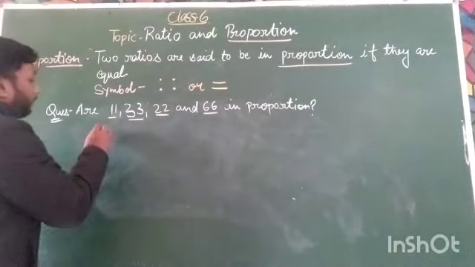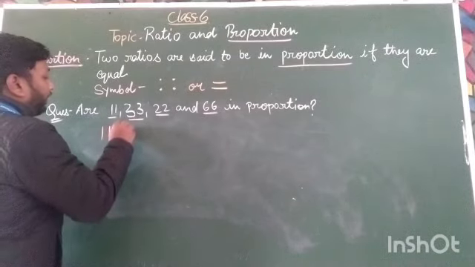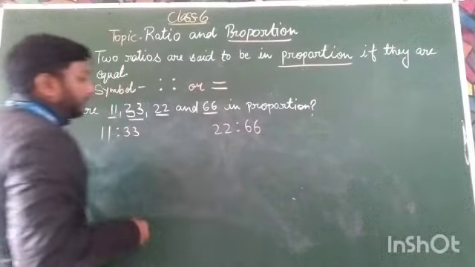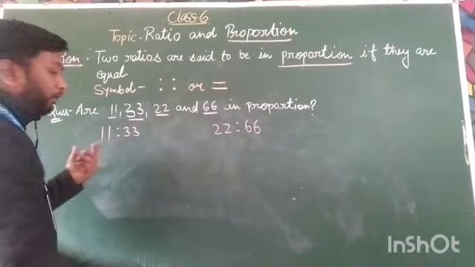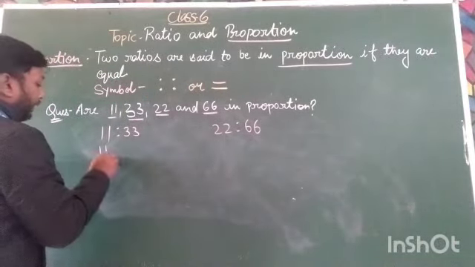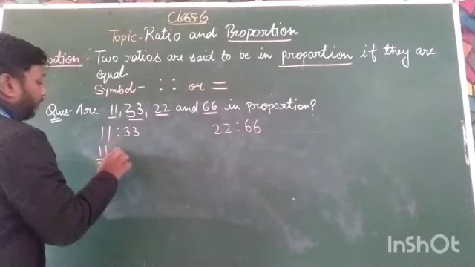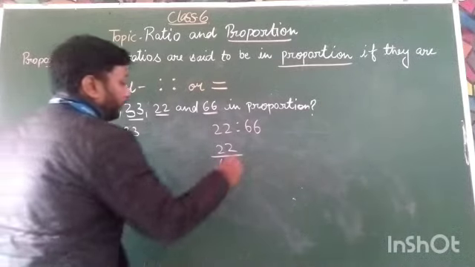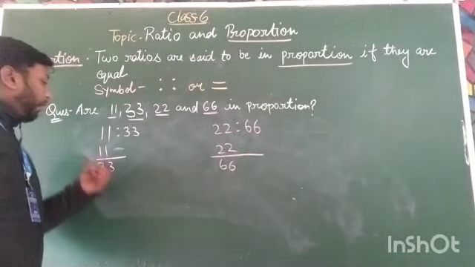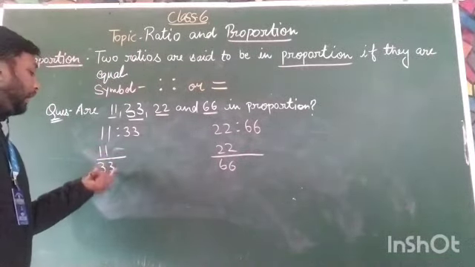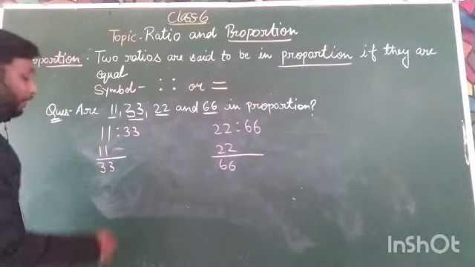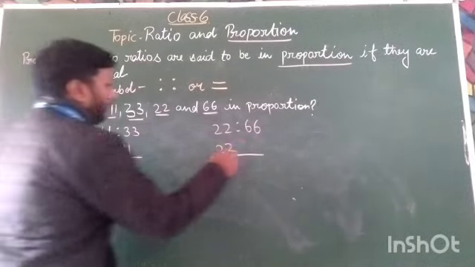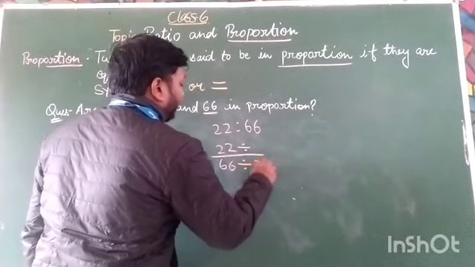So we write 11 ratio 33 and 22 ratio 66. To write in simplest form, we write the ratio in fractional form first, and 22 upon 66 also in fractional form. Next step is to find the HCF of 11 and 33, which is 11, and the HCF of 22 and 66 is 22.